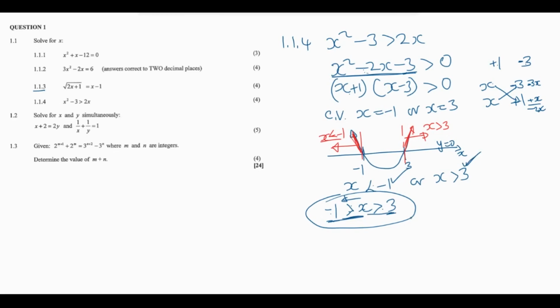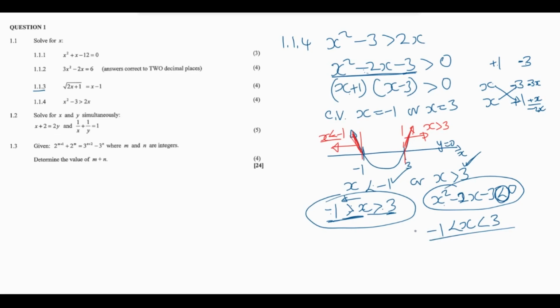And if it was less than, let's say if it was x squared minus 2x minus 3 less than 0, your solution was going to be like what? You just write your x and then take this inequality sign, less than, less than. Write your smaller critical value to this side, your bigger critical value to this side.